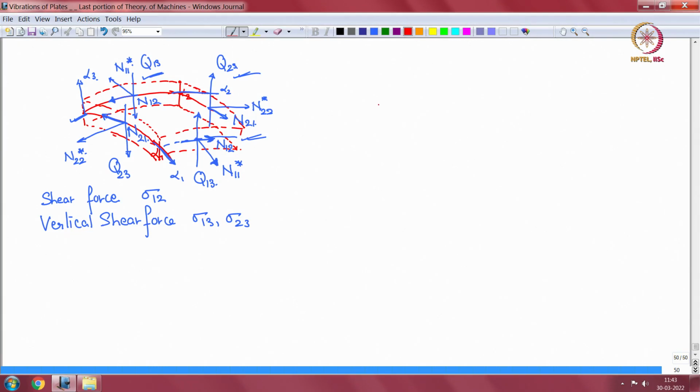So without cluttering, now if I was to show you the other resultants. Again we have alpha 1, alpha 2, alpha 3, and let me build an element around it.